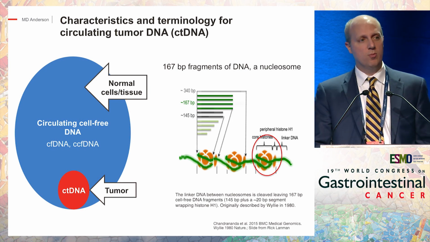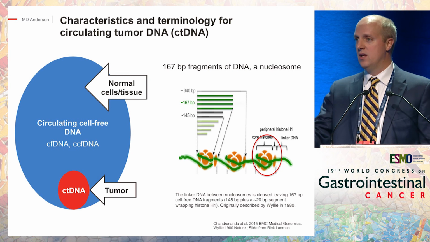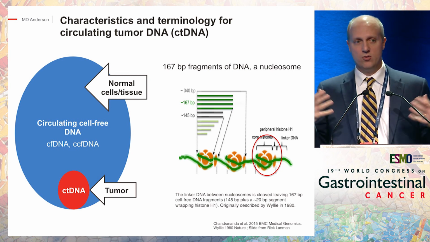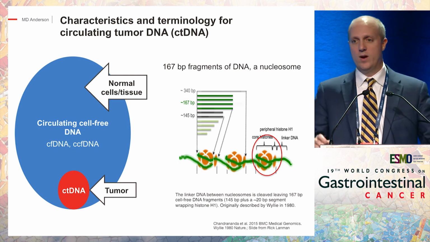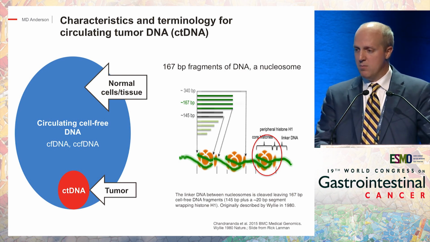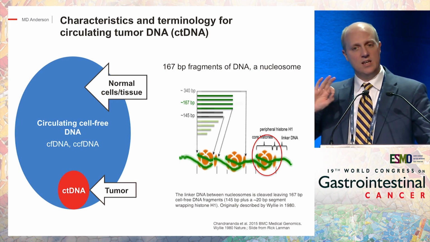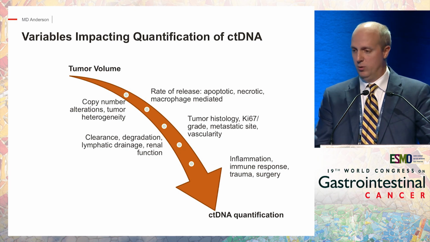There are some higher molecular weight DNA fragments that come from the necrotic cells that can also be used. And there are some other techniques to try to isolate certain molecular weight DNA moieties in circulation. But most of what you'll be seeing is taking the entirety of the DNA in the plasma.